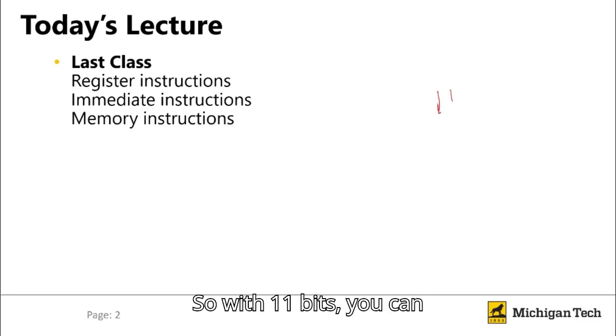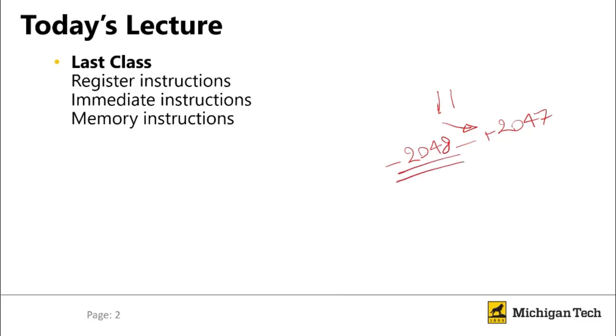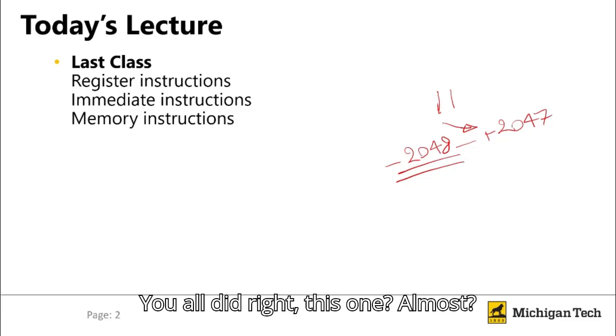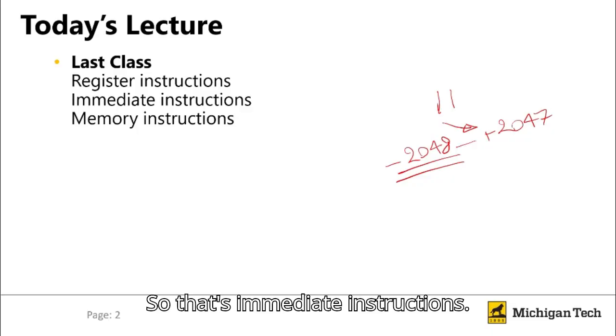So with 11 bits, you can have 2047 maximum. And what is the minimum? Minus 2048. This is tricky, but I asked a simple one. You all did this one right? Almost? Okay. So those are immediate instructions.